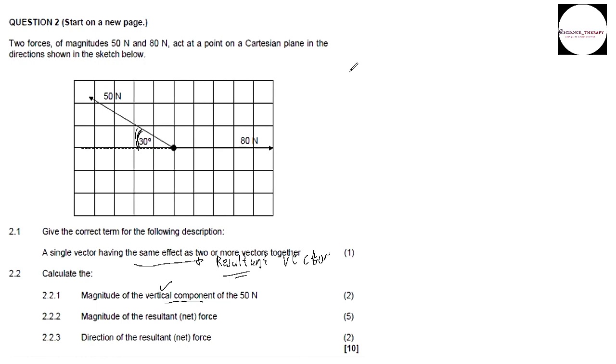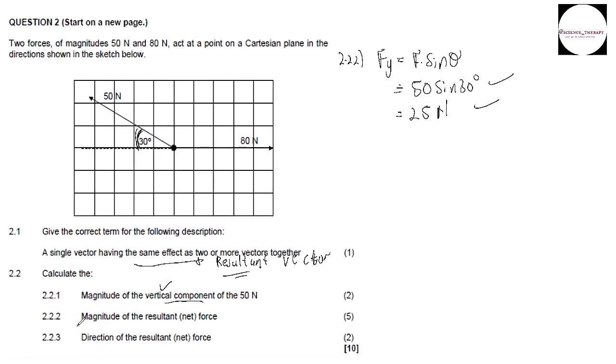So Fy equals F sine theta, remember, vertical component, and our force is 50 newtons and sine 30 degrees. Punching that into your calculator gives you 25 newtons. So 2 marks for that.